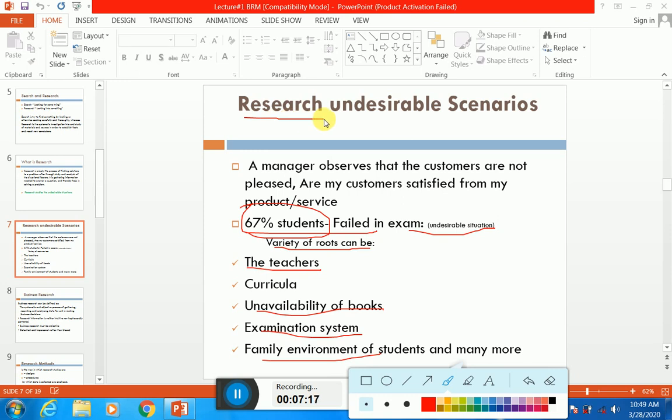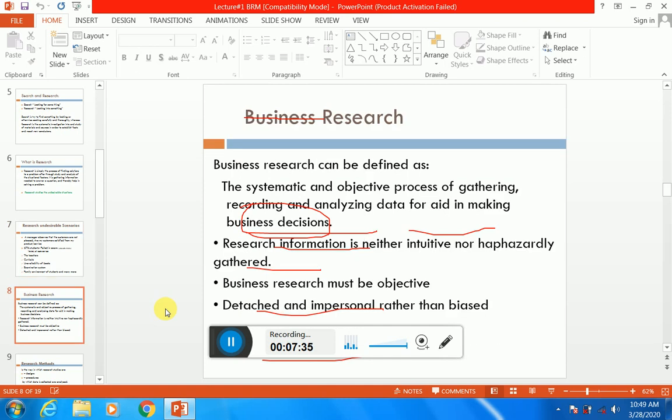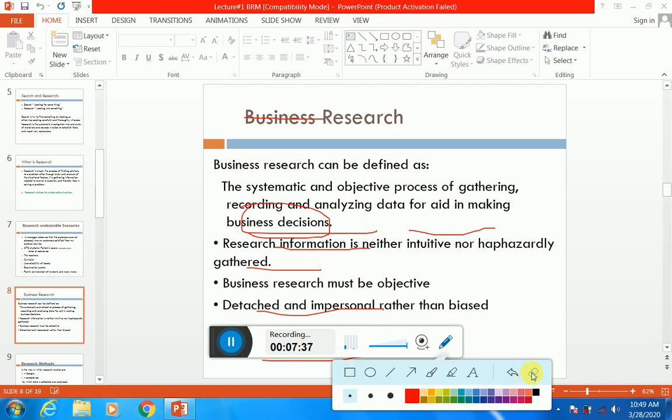Hopefully a bit of an idea is clear. So from the above, we can simply say that research is a process with the help of which we can find out the solutions of a particular problem.